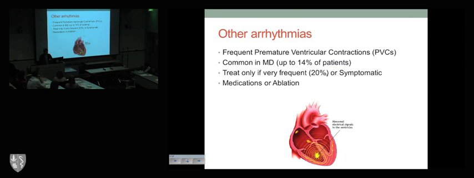So they can become symptomatic, especially as they get more and more frequent. Usually we just keep an eye on them, but if they get to be very frequent, on the order of about 20%, or if they're starting to bother you, then again, we have the options of either medications or even ablation, where we can try to burn the areas that are causing these extra heartbeats.